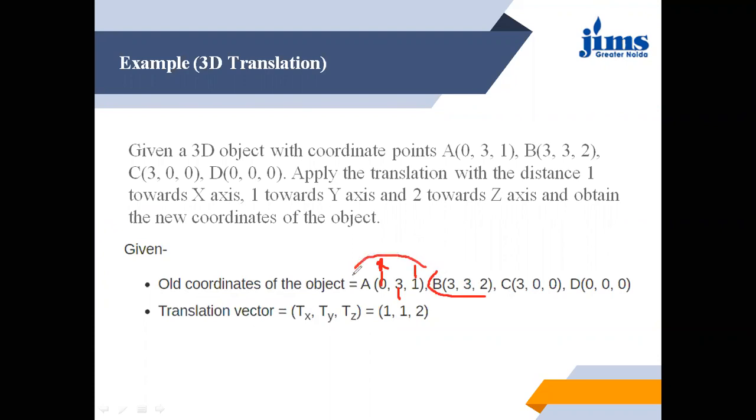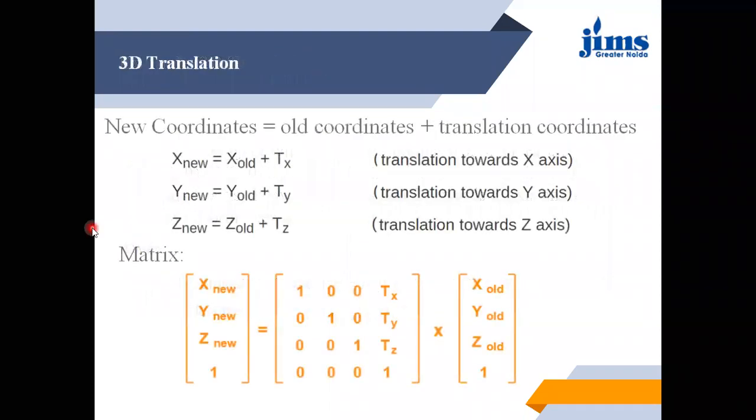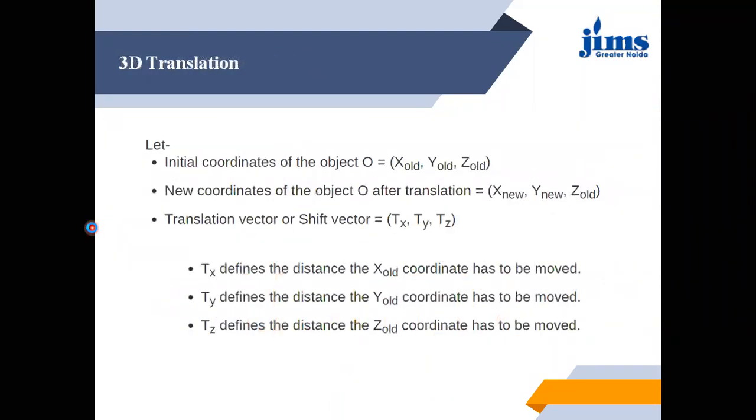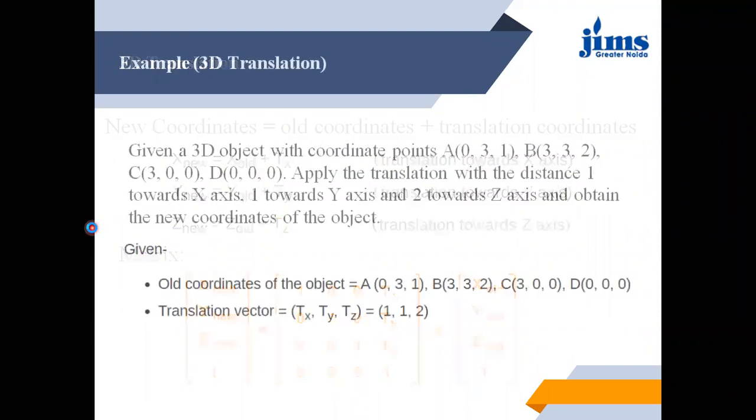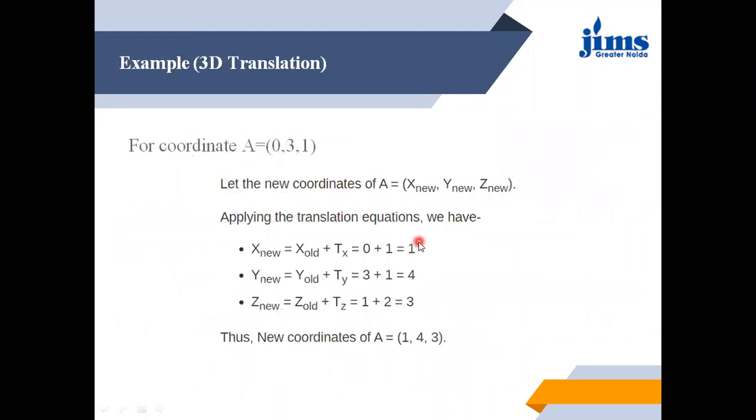When we have to find the new coordinate of point A, we will find the coordinates for this first, then this, and then D. We will find the coordinates of each and every point individually. Now we will find the value of coordinate A.